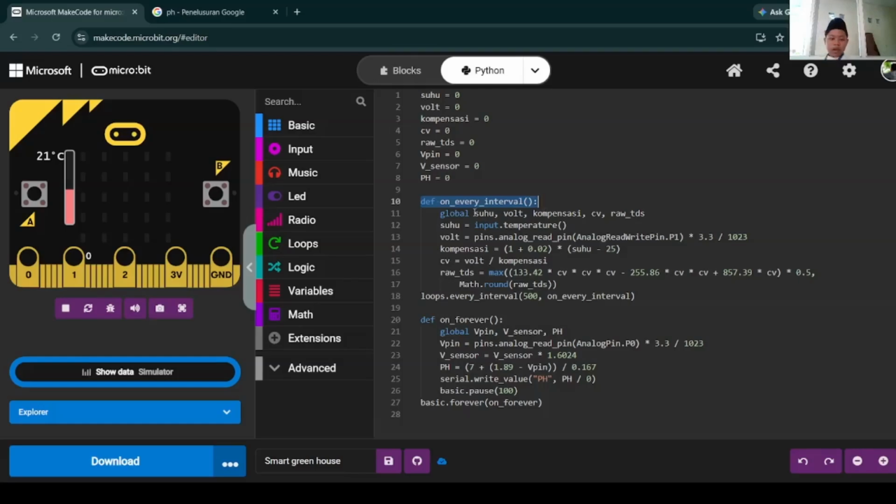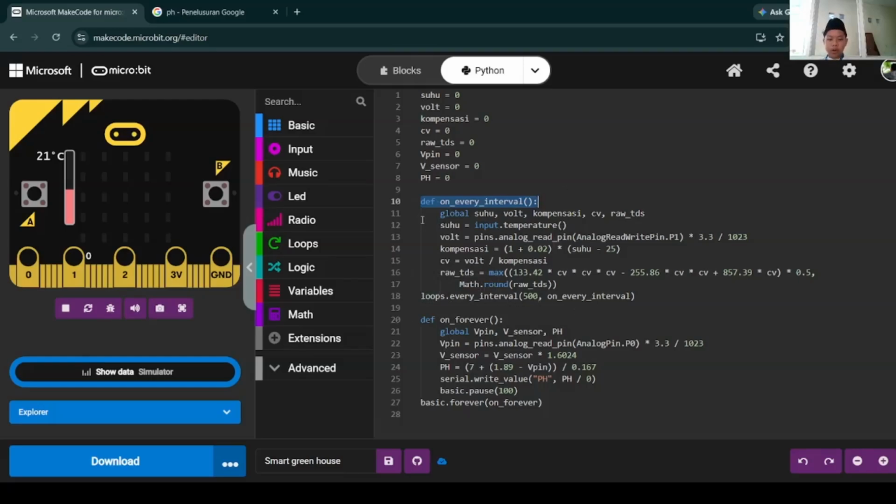Okay, now line 10 is def on_every_interval. The function is to make a function named on every interval, and the function will run repeatedly every certain number of milliseconds. And here you can see loops every interval 500 on every interval.